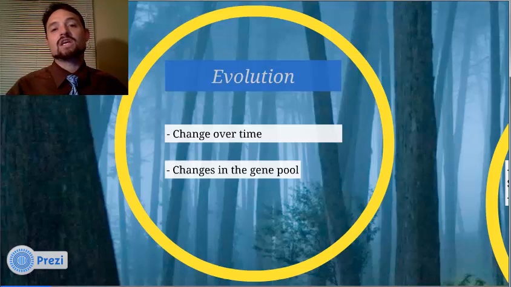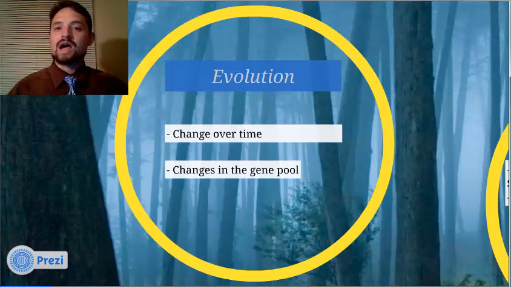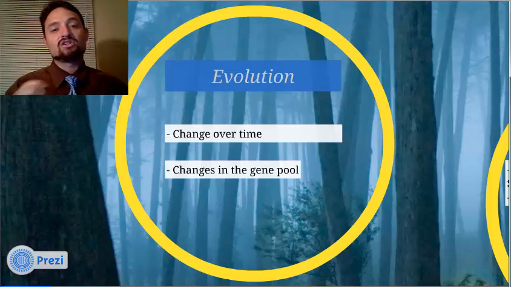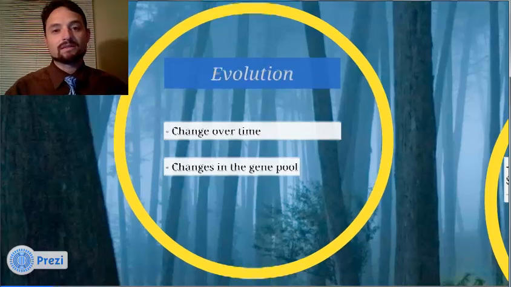So you've got some kind of change taking place in your gene pool over time, and all of this takes place by natural selection. Natural selection is that survival of the fittest, that ability to reproduce and pass those genes down to the next generation and help those offspring achieve maturity as well. So natural selection is kind of like that driving force that allows this change to take place.